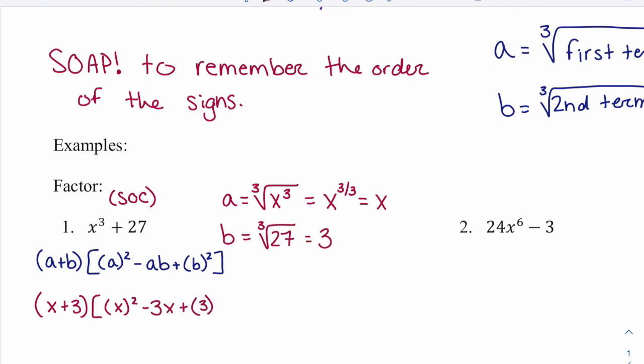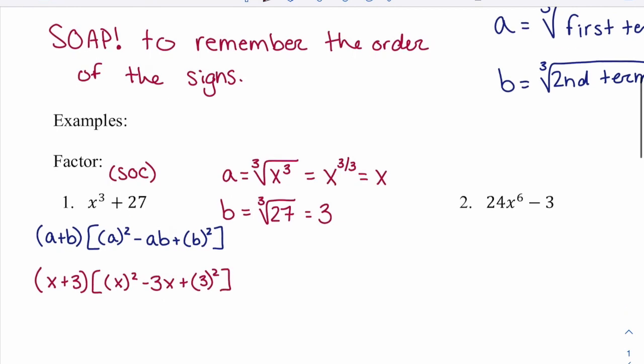You might be wondering why I'm using brackets and extra parentheses. This is an easier example. As we do the next example, you'll see where the importance of those brackets and parentheses come into play.